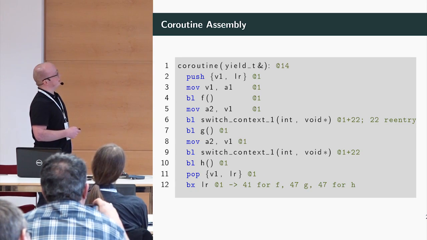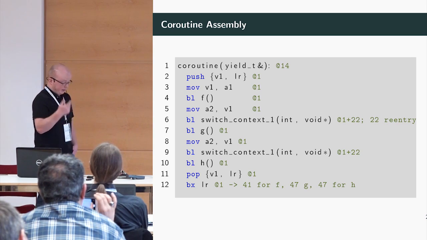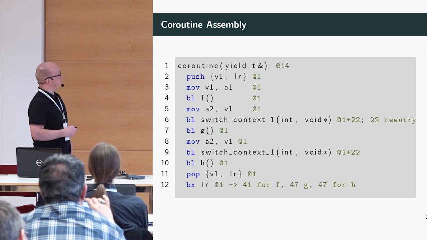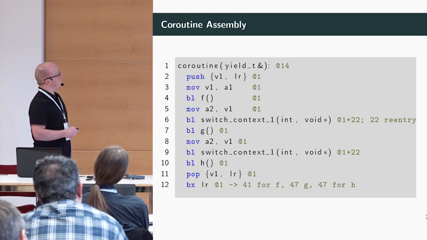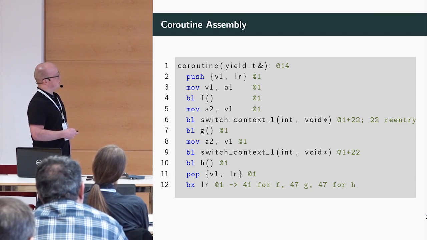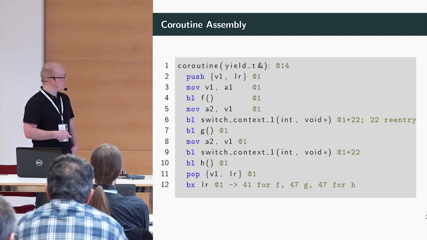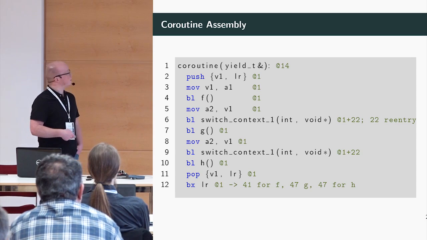That's how it looks for the state machine. Now the coroutine: the 14 is not really correct because we would also need to copy the function object and that sort of stuff, and I don't know how long that takes. So that's not in there. So it's probably more than that. But then you get the 14 for creating the context, plus the 4 for preparing the call of f, plus the call of the switch context and the 22 cycles of the switch context, which would be 41, plus a bunch more.